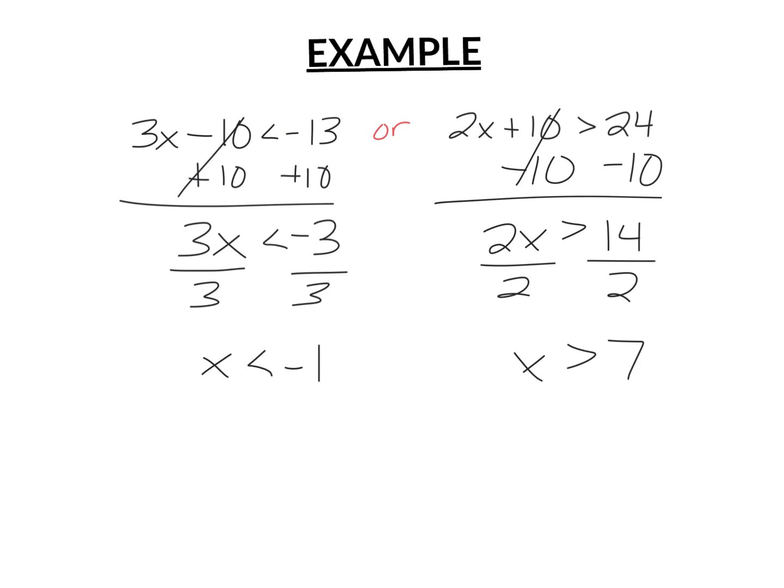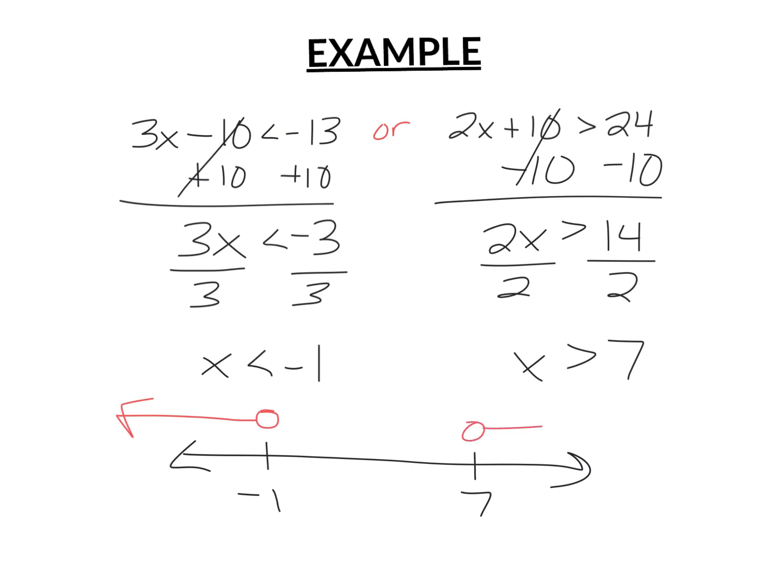They're going to go in opposite directions. So if I graph negative 1 and 7, negative 1 is open and it goes to the left. 7 is open and it goes to the right. Did we graph it correctly? Yes, because it's or. And there's that union in the middle. We can have this or this.